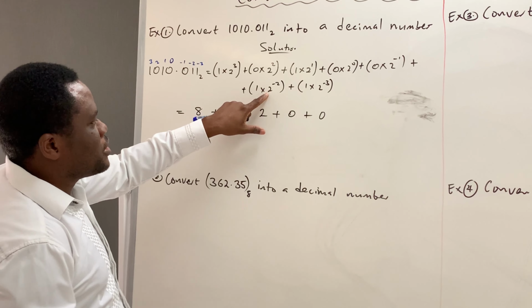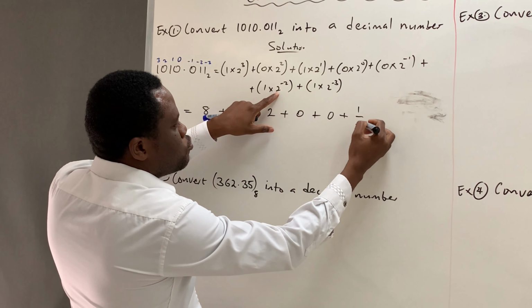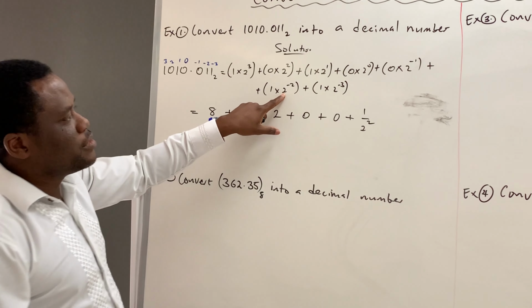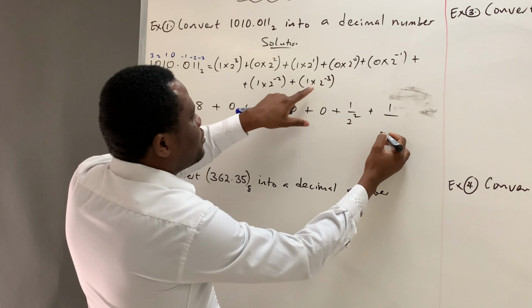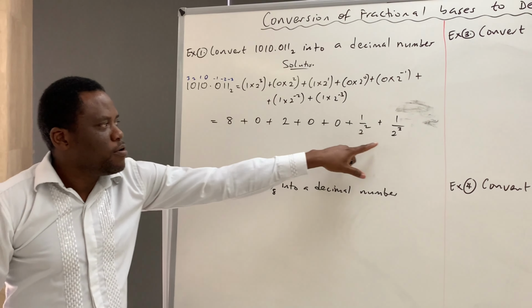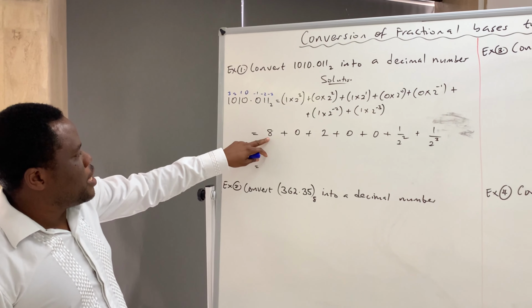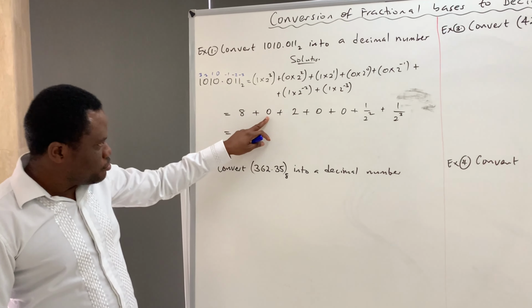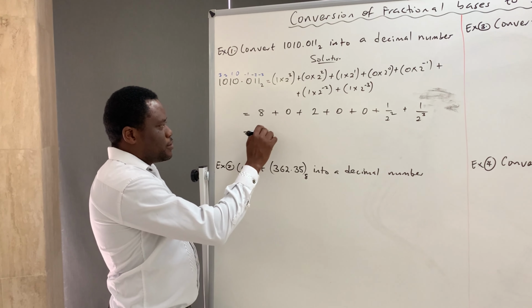So this is 1 times 1 over 2 to the power of 2, right? Plus 1 times 1 over 2 to the power of 3. This is 4, and this is 8, right? So let's continue. 8 plus 0 plus 2 plus 0 plus 0 gives us 10.